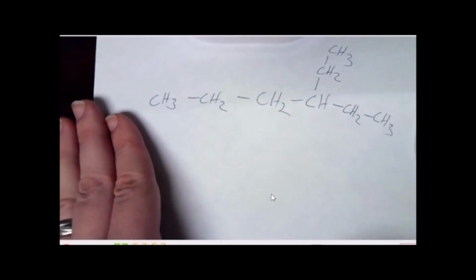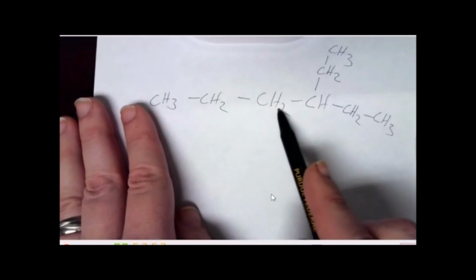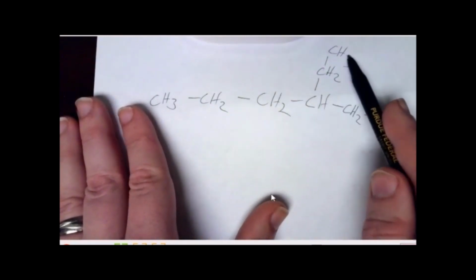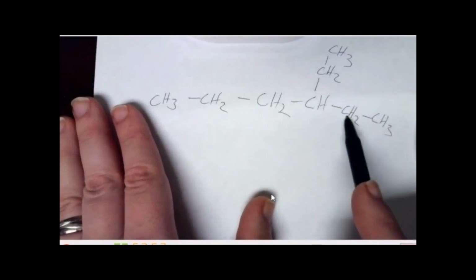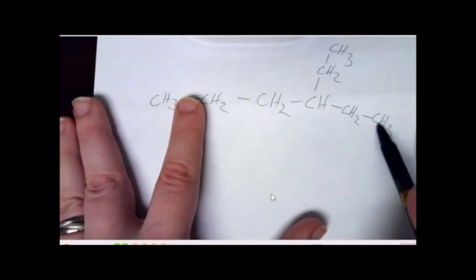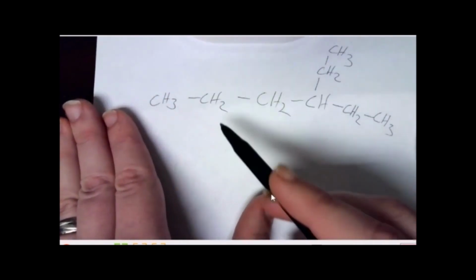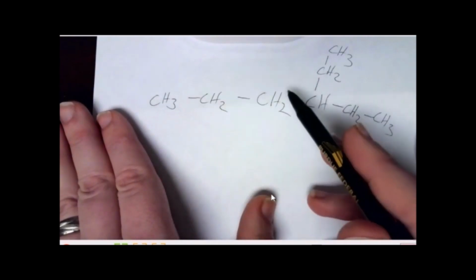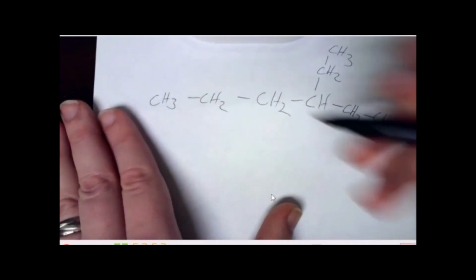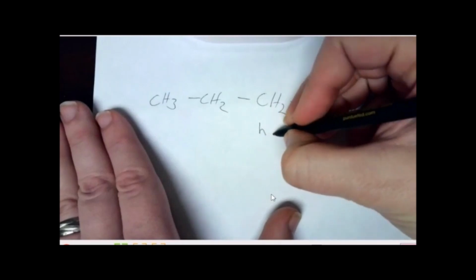Let's look at the naming of certain compounds. So let's just start with that one. We can count 1, 2, 3, 4, 5, 6, or we could count 1, 2, 3, 4, 5, 6, or we can count 1, 2, 3, 4, 5. Which one would have the longer chain? The longer chain would be 6. So this is going to be some sort of hexane.